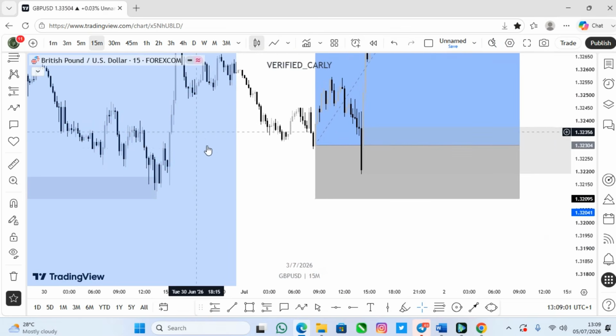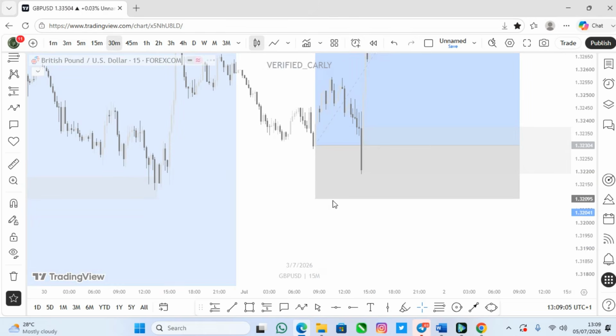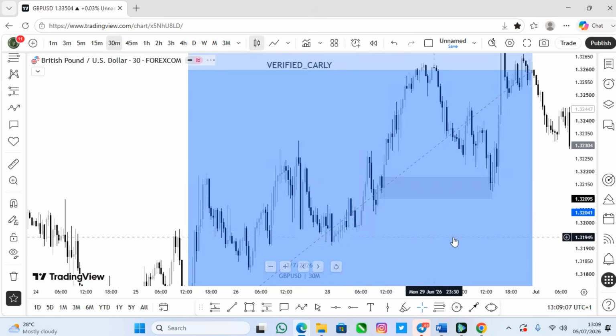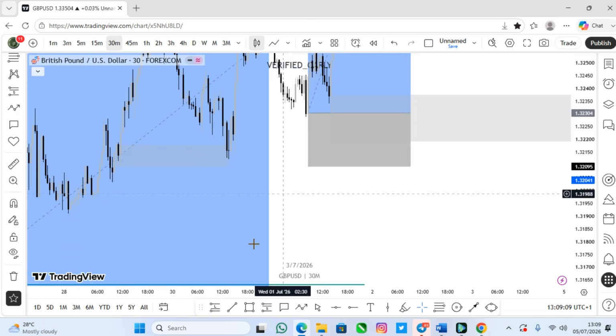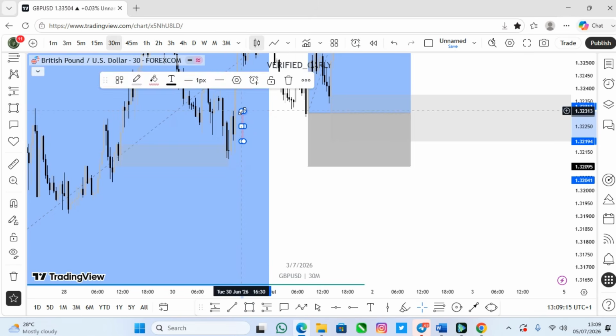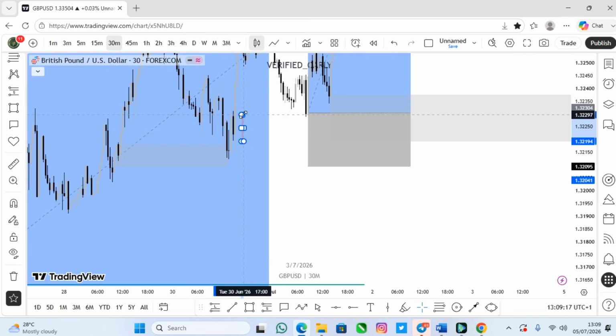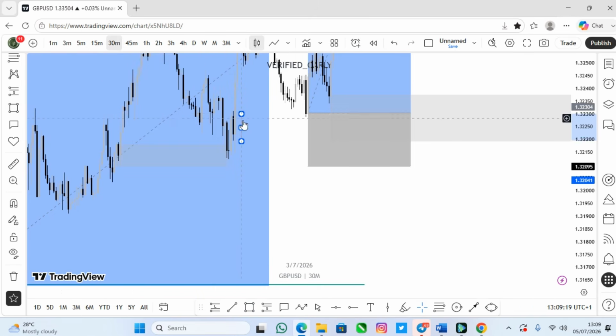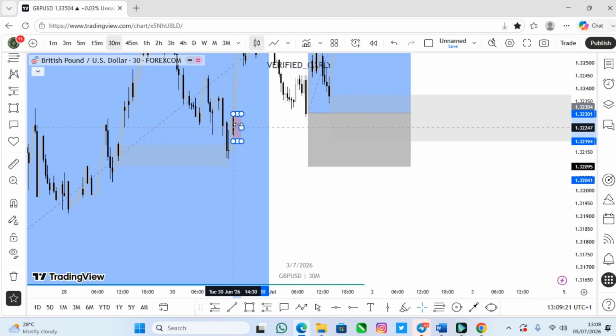I cannot spot it, but I entered this buy at this particular zone. It was on the 30 minutes that I used to spot it, I believe. So this particular buy, I entered it with still the body of the candle, I believe. I used the body to catch this buy.